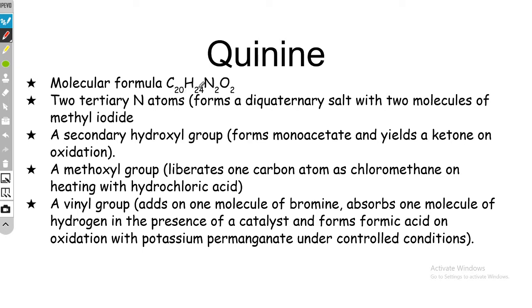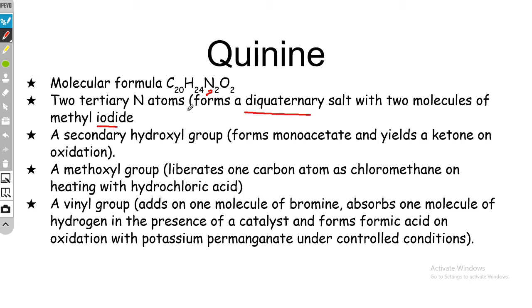Okay, so we should know the nature of this nitrogen, that is whether it is a primary, secondary or tertiary amine, or whether it is NO2, etc. By the reaction with methyl iodide, it forms diquaternary salts.